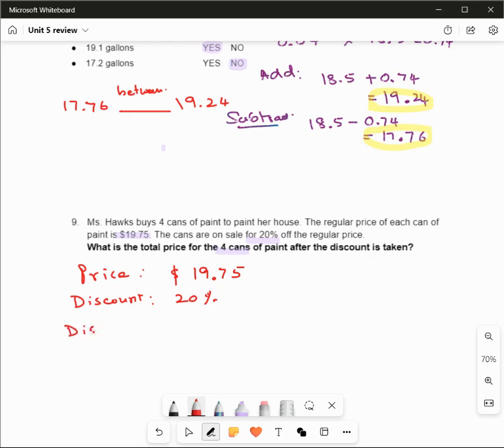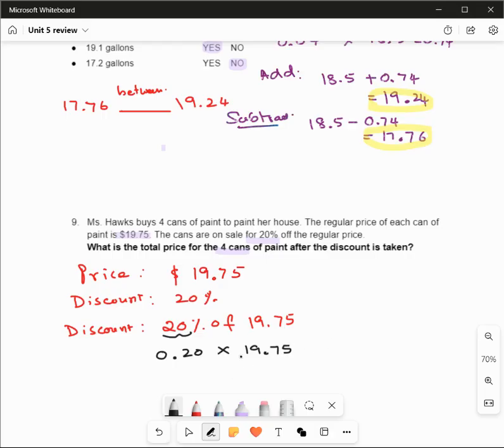The discount is basically 20% off $19.75. 20% means, you guys already know, move the decimal 2 places. 0.20 off means times 19.75.